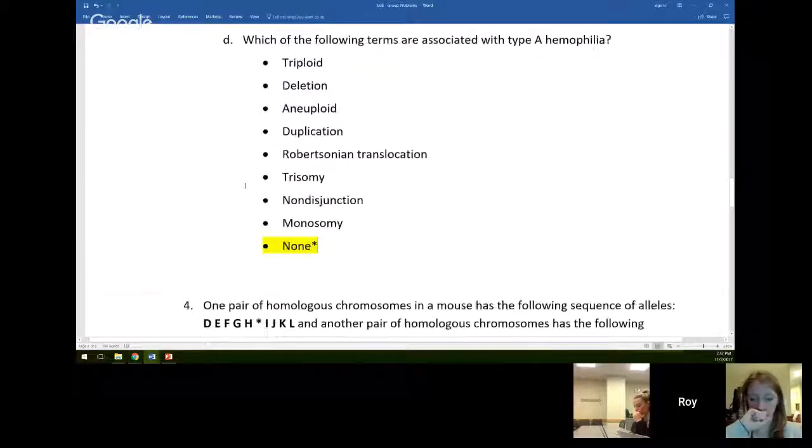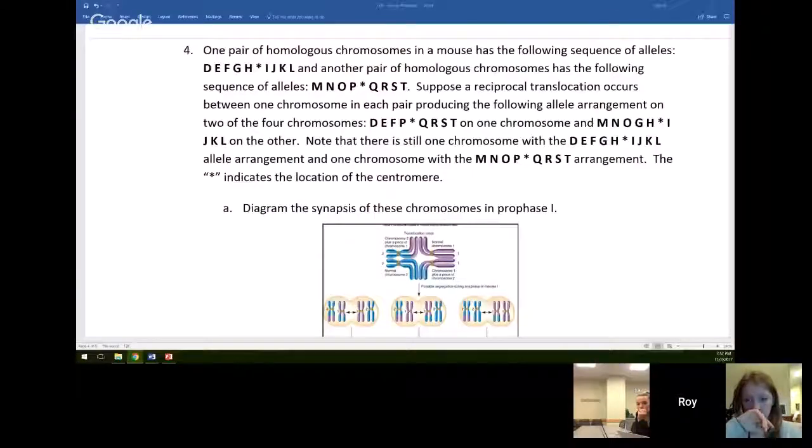Yeah, which leads on to number 4, which is me. So number 4 is kind of interesting. I got lazy, and so I just posted the diagram that's in the slides. I'll show you it now. It's really simple, actually. It's asking about 1 pair of homologous chromosomes in a mouse that has a sequence of alleles, and another pair of homologous chromosomes that has another sequence of alleles.